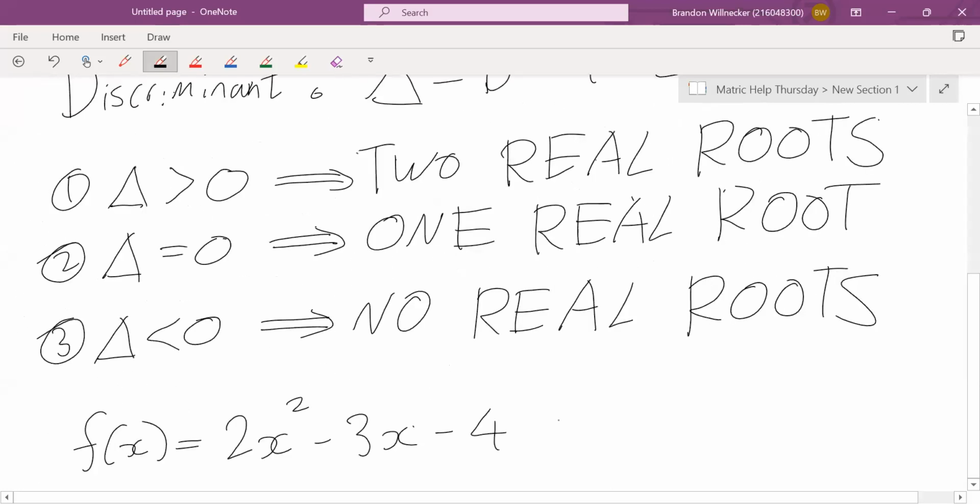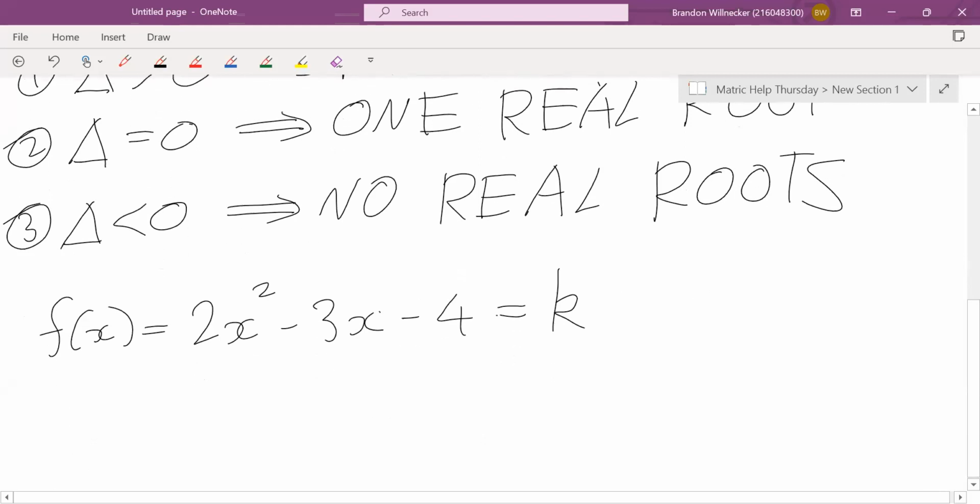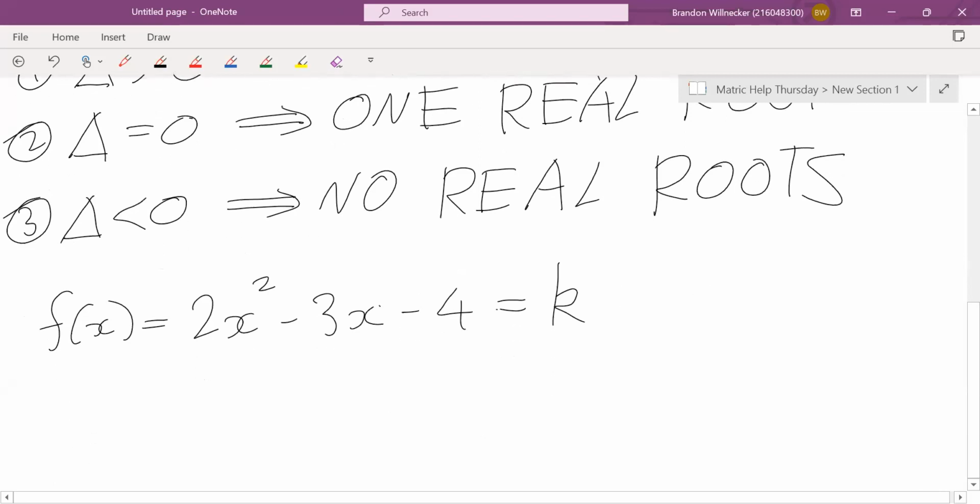Okay, and then this is equal to k for some constant k. So we want to know for what values of k will this expression have real roots. Okay, we want real roots from this. So we can rearrange this to be 2x squared minus 3x minus 4 minus k equals 0.